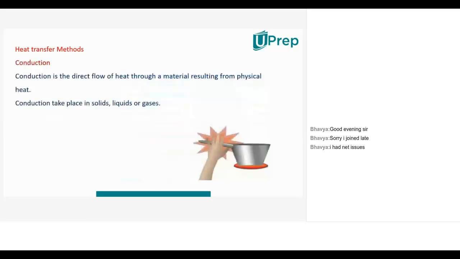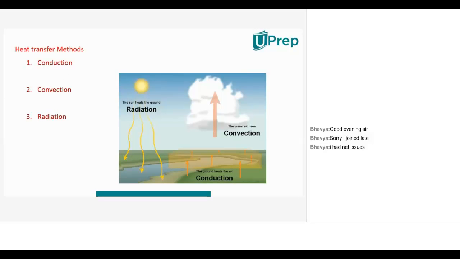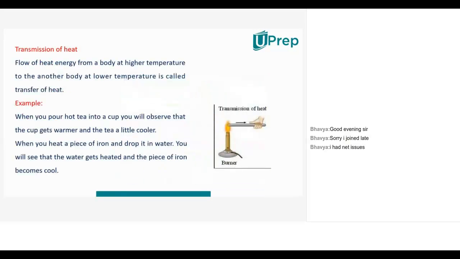We took a bowl and we are heating the water in that, and you placed your fingers into it. We feel that the cold water has turned hot because heat has flowed from the hot bowl to the water, and the water has become heated.